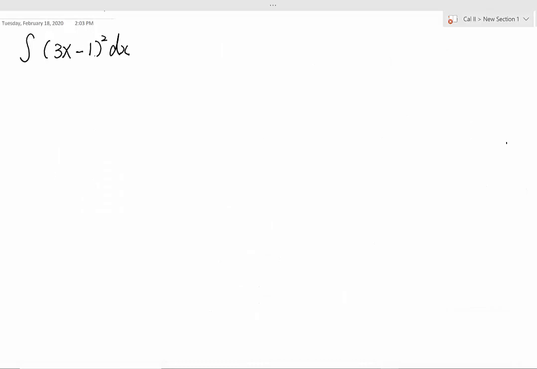The third method is called the u-substitution shortcut. Before we start, let's review the derivative problems we had before. Let's say I have x to the n plus 1 over n plus 1. Now we take the derivative of that with respect to x.